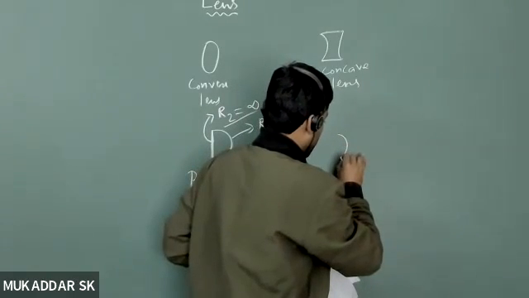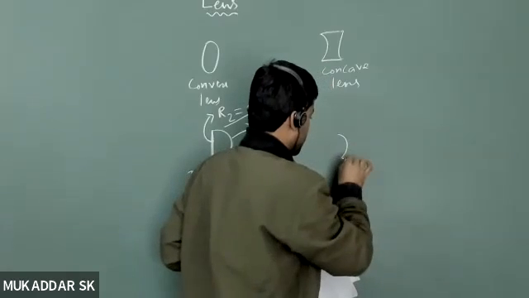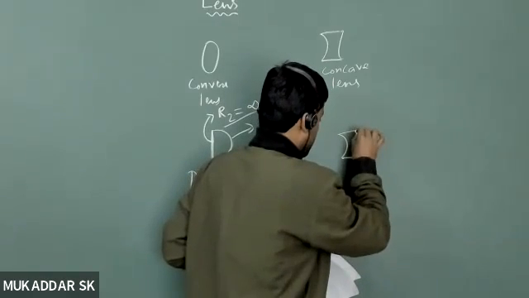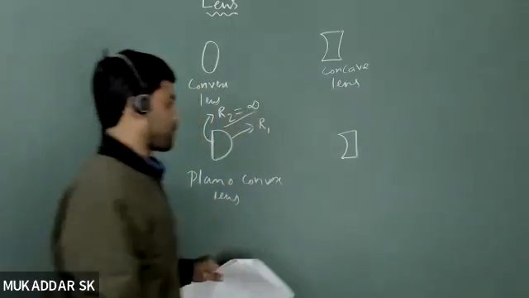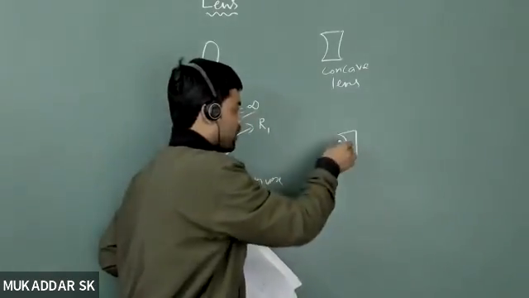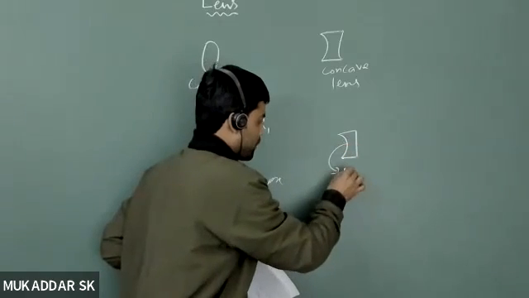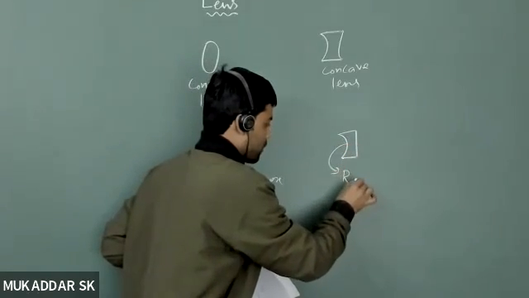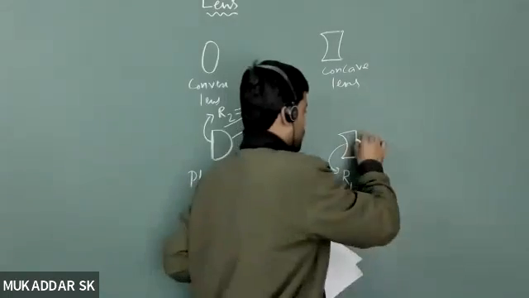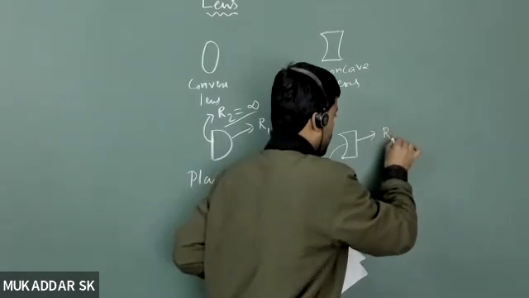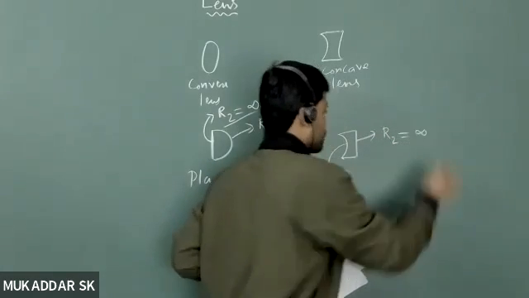You have one more type of lens that is known as plano-concave. So for plano-concave, you have one curved surface, like this, and then you have another plane surface. The curved surface has some finite radius of curvature, but for the plane surface the radius of curvature is infinity, keep that in mind.